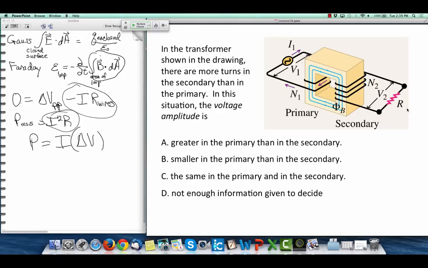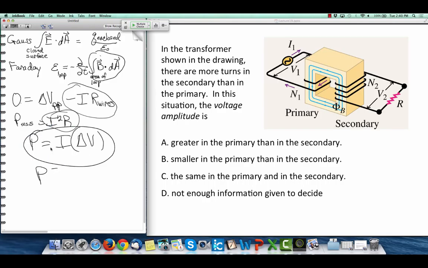The primary has a big current because the power is I times delta V. Power is I times delta V. So the primary with the small delta V has a big current. The secondary with the big delta V has a small current. And basically, that's what's going on here.